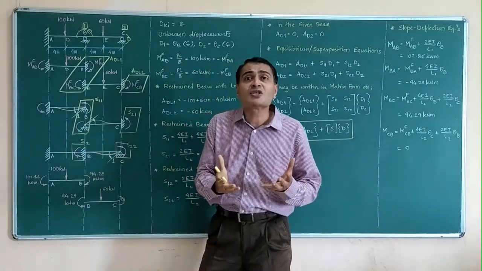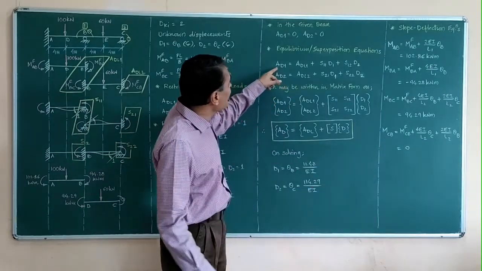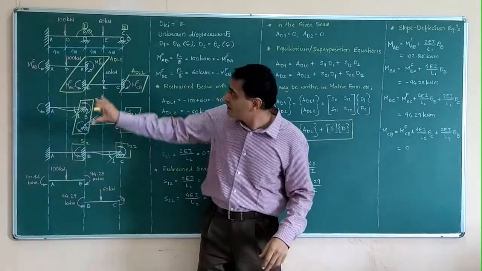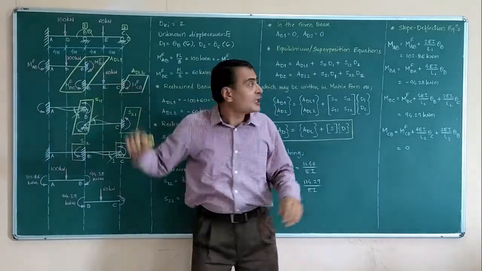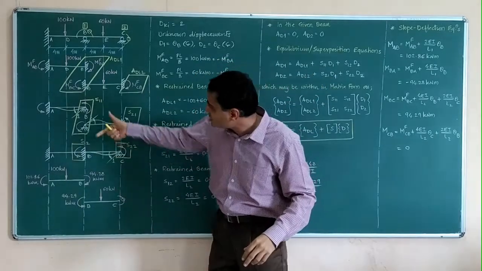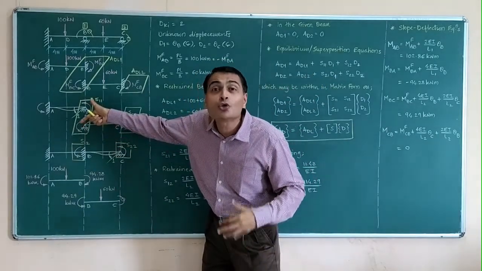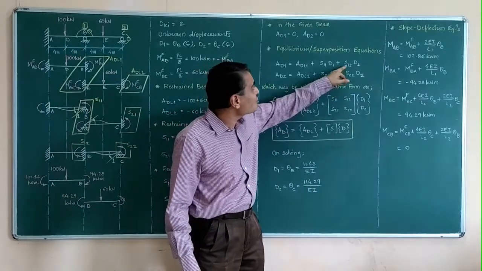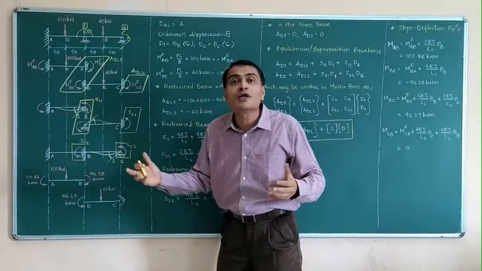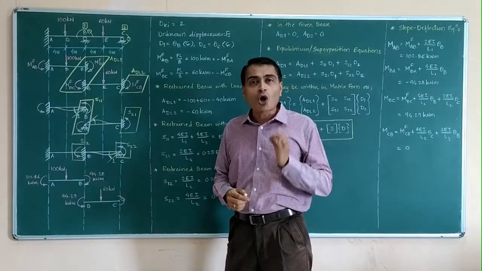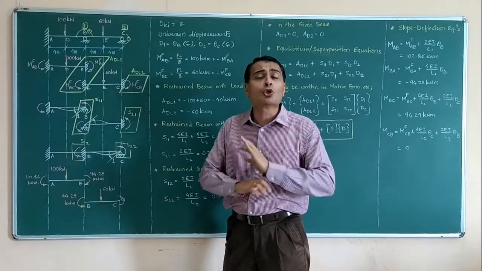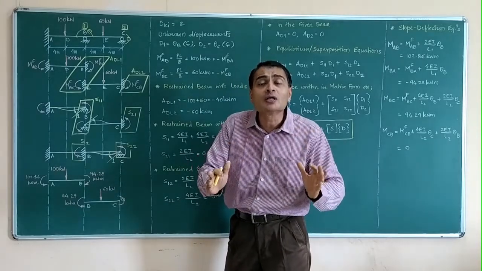And that is precisely what I am writing here. AD1 is equal to ADL1, that is this total effect, plus S11 into D1, that is this moment total into D1, plus S12 into D2, that is this moment into D2. So what we are doing is, again we are just applying superposition. No big deal at all.